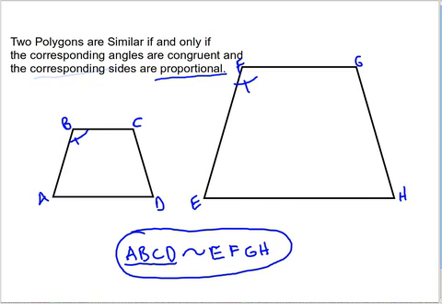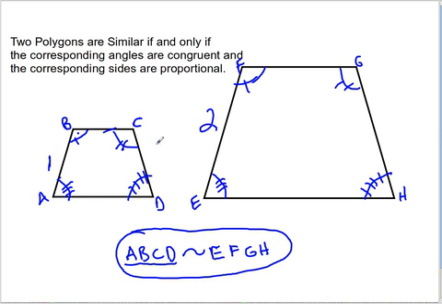So that means in our little example here, for instance, this angle is congruent to this angle is congruent to this angle because they are corresponding. This angle is congruent to this angle, and then this angle is congruent to this angle. And this side is in a relationship with this side of 1 to 2.